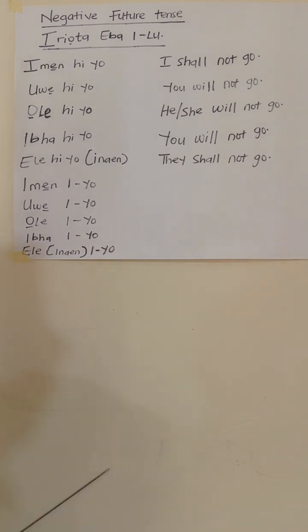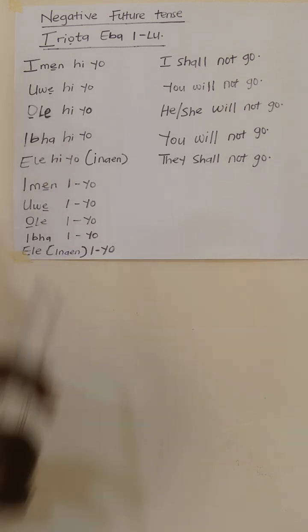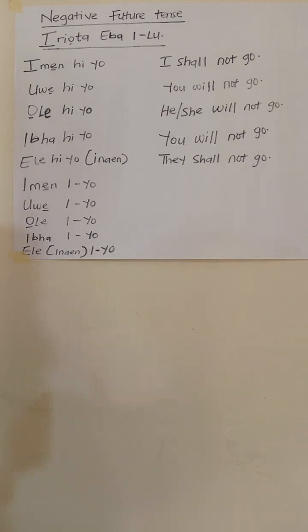Then, in the case of the future tense, we have the simple future tense, future continuous tense, future perfect tense, and future perfect continuous tense. These are the various tenses you have in Esan, even though I've spoken them in English.